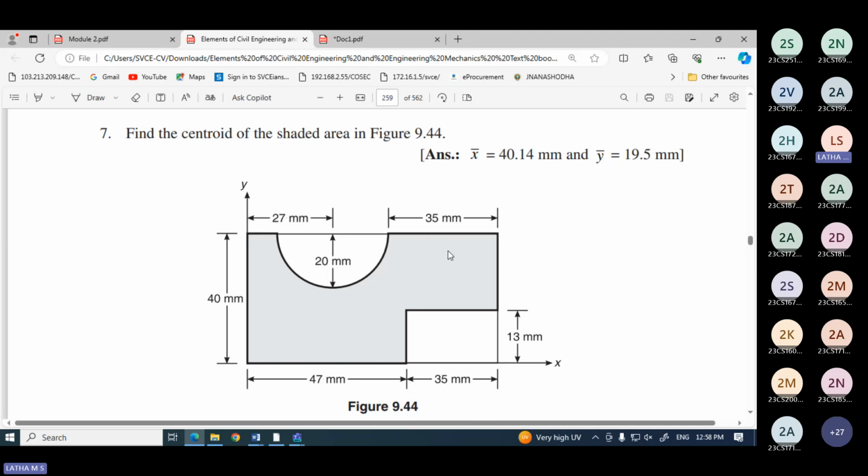Find the center of the shaded area. It's one big rectangle. Out of that rectangle, you have to subtract the semicircle and a rectangle. The total rectangle is 82 mm long and 40 mm deep. The semicircle has a radius of 20 mm. This rectangle is 35 mm by 13 mm.